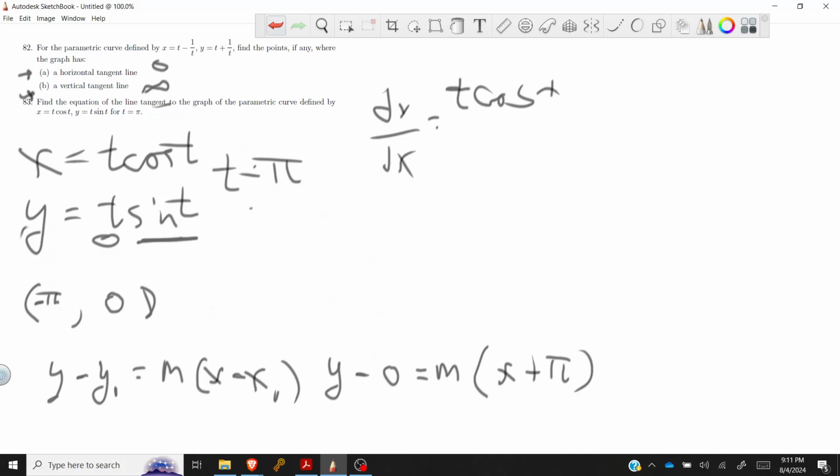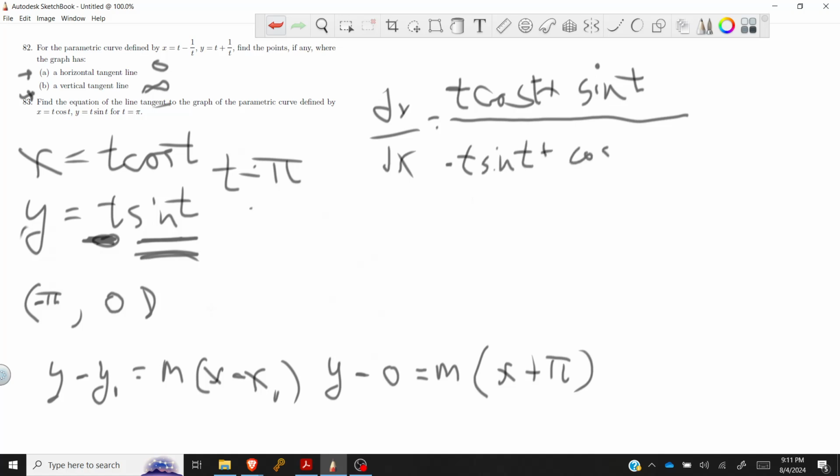Then we're going to add the derivative of the first term times the second term, so that's just sine t. Let's do the same exact thing for finding the derivative of x. We're going to get negative t sine t plus cosine t.